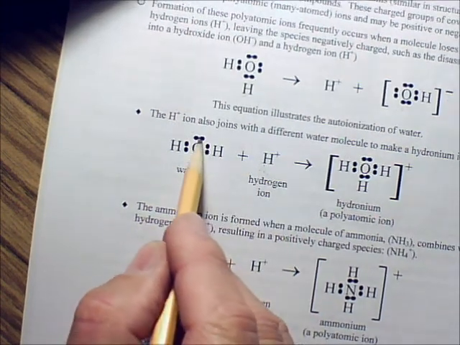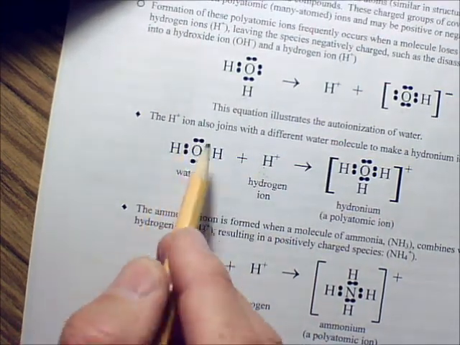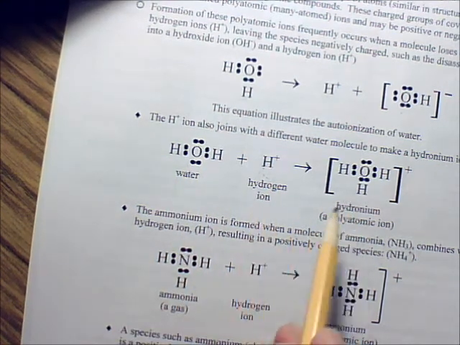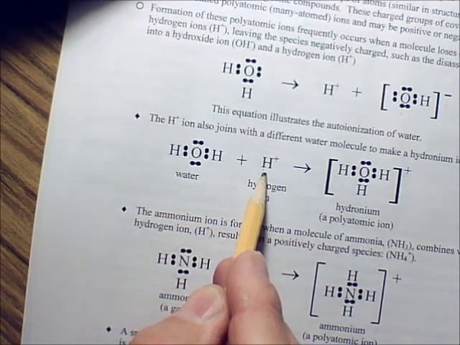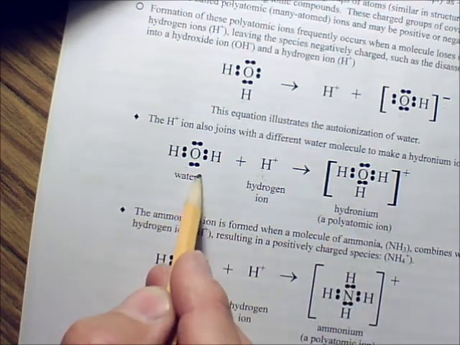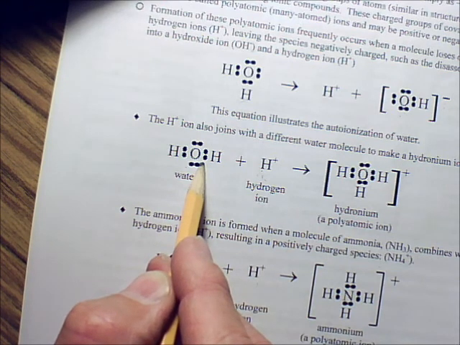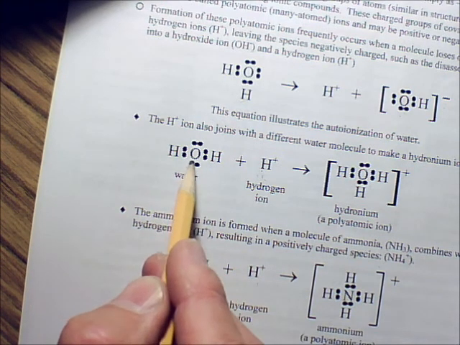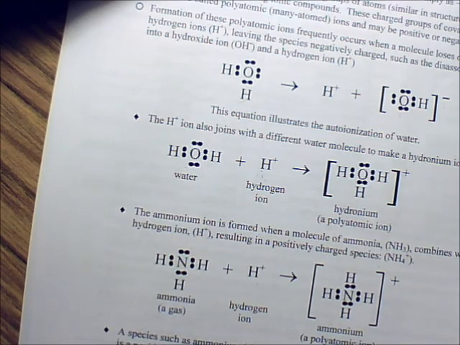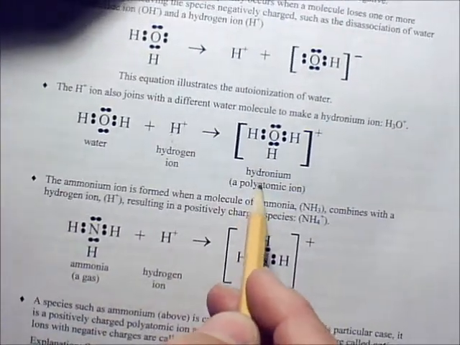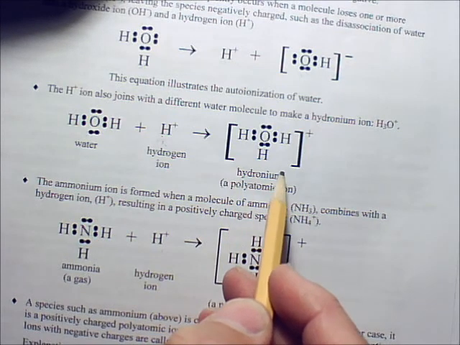Will actually share a pair of electrons on this water. So some water molecule that wasn't one of those that broke up will actually join up with this hydrogen ion. And in this case, I think I've shared it down here. And it forms a new kind of covalent bond with that water molecule using one of those lone pairs on the water. And when it does that, it makes a new kind of polyatomic ion called hydronium.